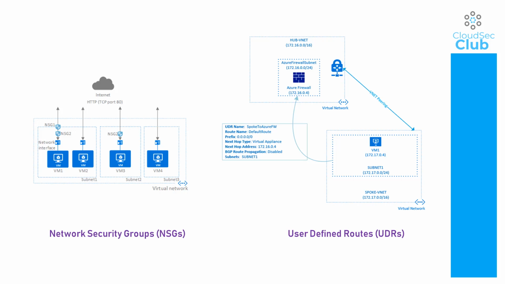SDN is a technology which has been a differentiator between how we do networking in the on-prem infrastructure versus cloud networking. And one more important issue highlighted here is that firewalls and traditional security controls are not enough for cloud security.